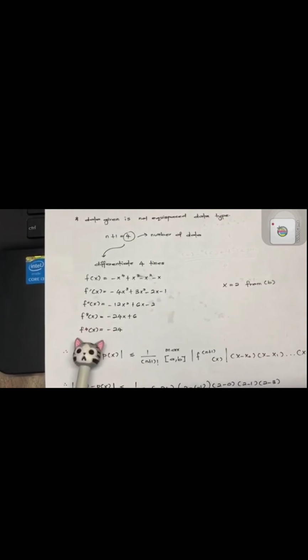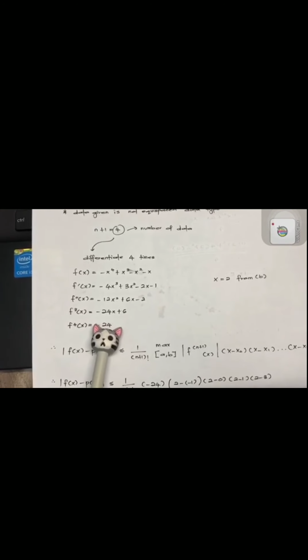So the first derivative is negative 4x cubed plus 3x squared minus 2x minus 1. The same step goes for the second derivative, third derivative and fourth derivative. The highest derivative is f4(x), which is negative 24.